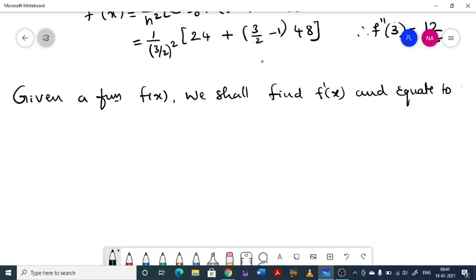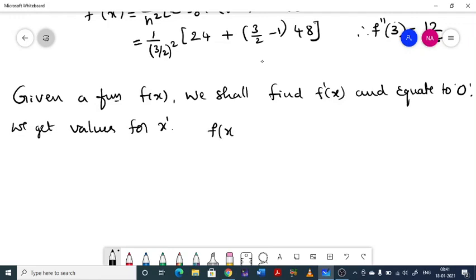Then we get values for r. So from this r we get values for x, which I will take as x dash.